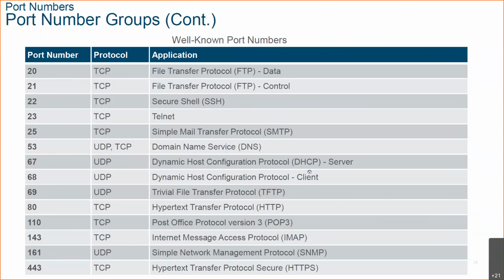DHCP works on the UDP protocol. Remember, a DHCP server is used to assign IP addresses automatically, or even a router can be configured to be your DHCP device.